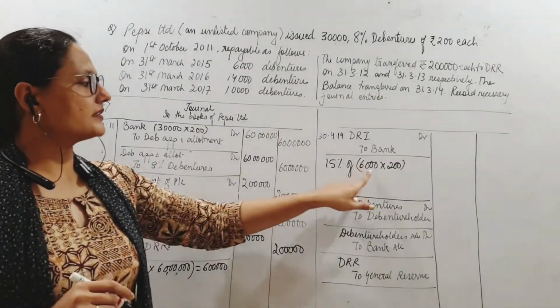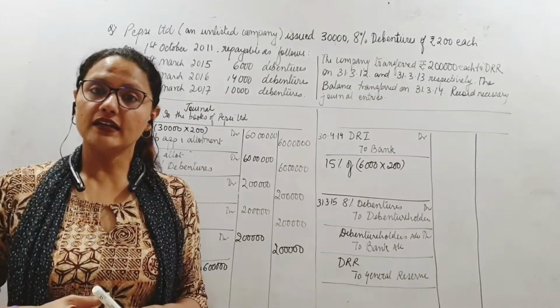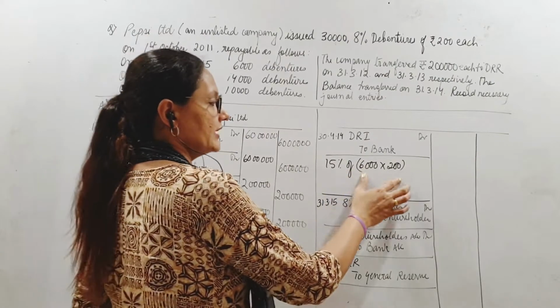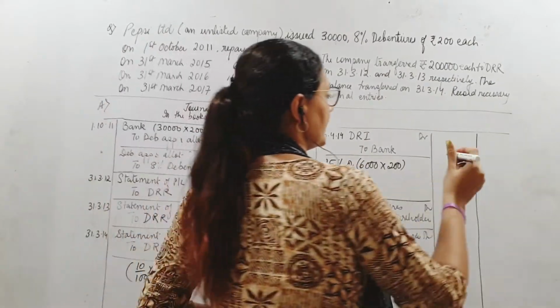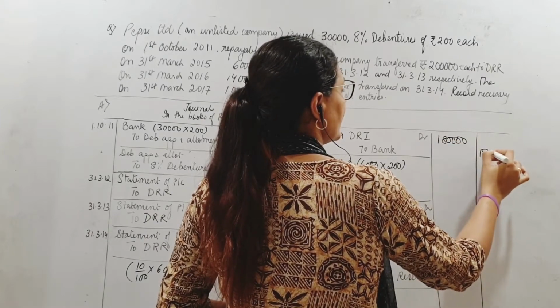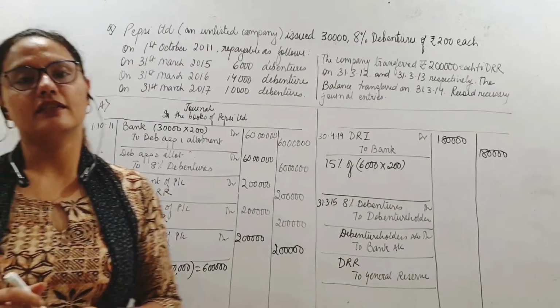Alright? So this is coming to 12 lakhs. 12 lakhs ka 15%. 1 lakh 80,000. Right? How? This is 12 lakhs. Iska 15%. 1 lakh 80,000.